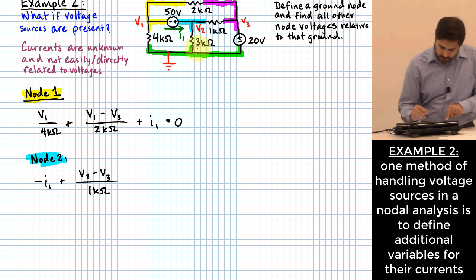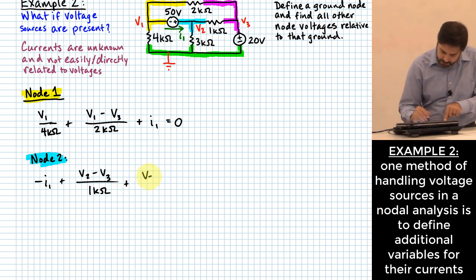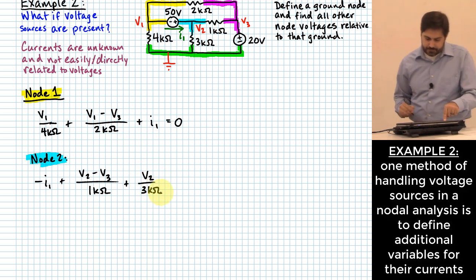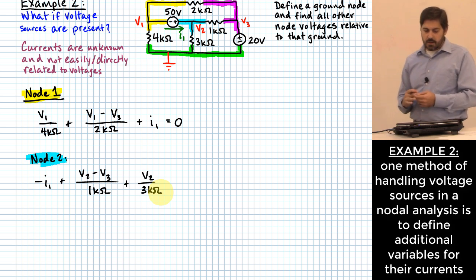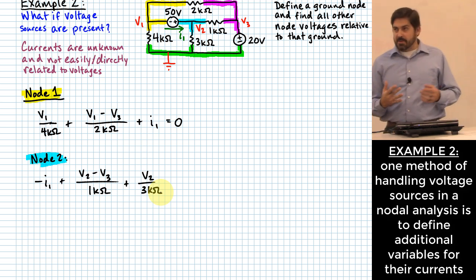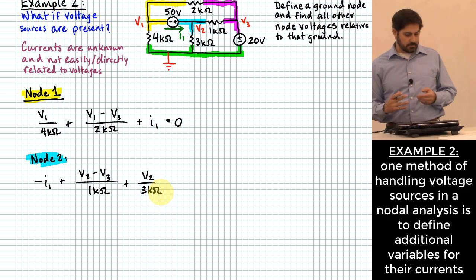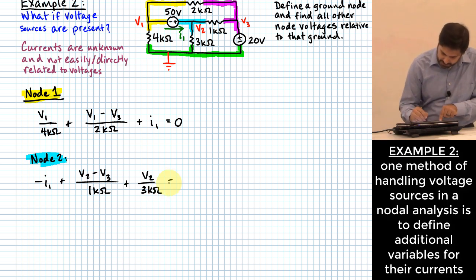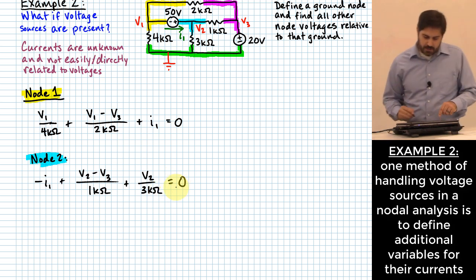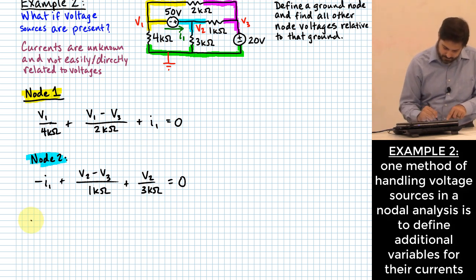Right? So that would be plus V2 over 3 kiloohms. Now are all my paths accounted for? Okay, so I set this equal to 0, and I move on to node 3.